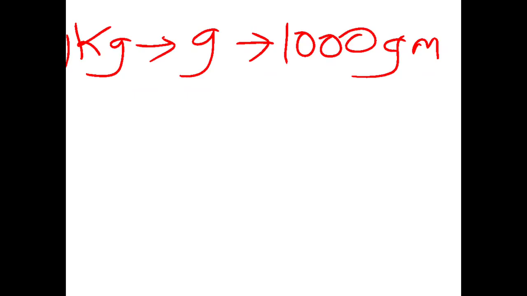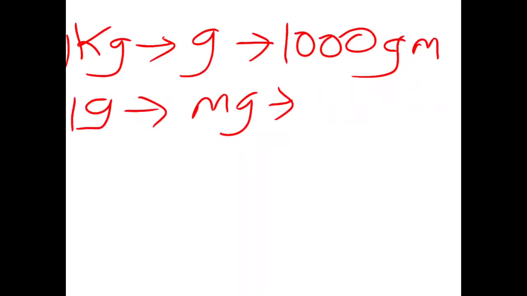Having known that 1000 grams makes up 1 kg, we can also know how to convert a gram to milligrams. When we are trying to convert 1 gram to milligrams, you need to understand that what will make up 1 gram is 1000 milligrams.